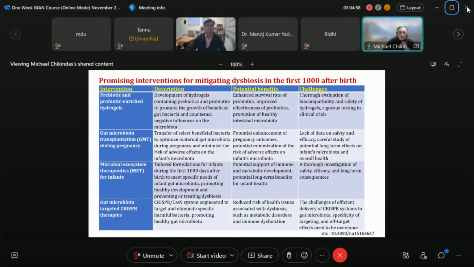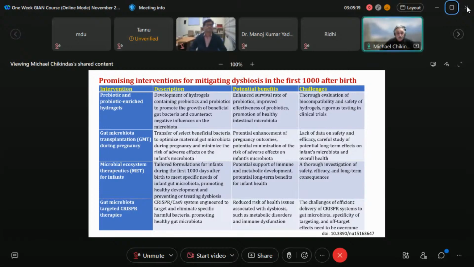CRISPR, we'll be talking about these methods, a very potent new method, but I don't think it will find application in over-the-counter and food products anytime soon, because they are simply not really allowed, and consumers are hesitant to take it, but certainly in medicinal applications.